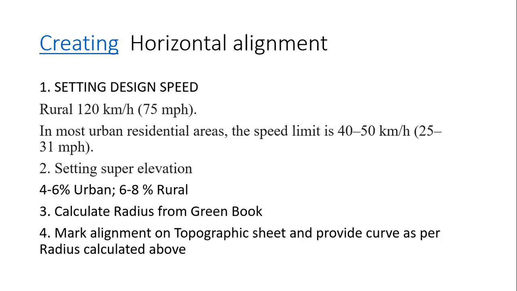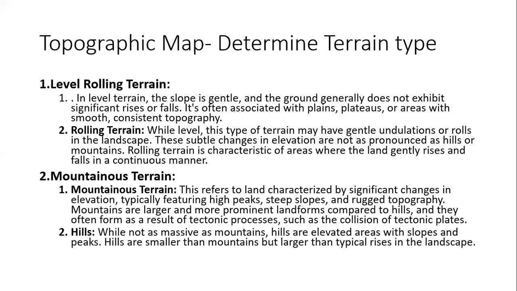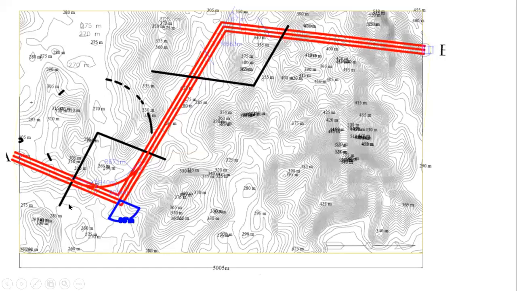The topographic map that is given is your plan sheet, and whatever lines you mark are of horizontal alignment. If we go back to my topographic map, all the red lines are marking horizontal alignment.